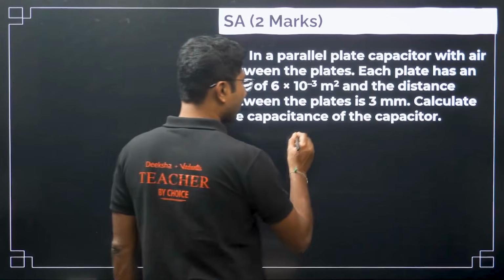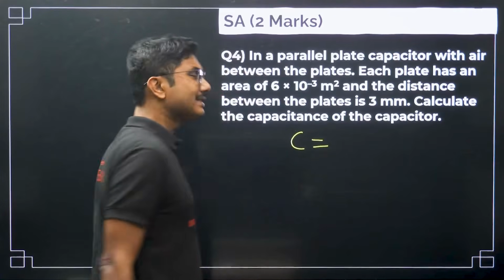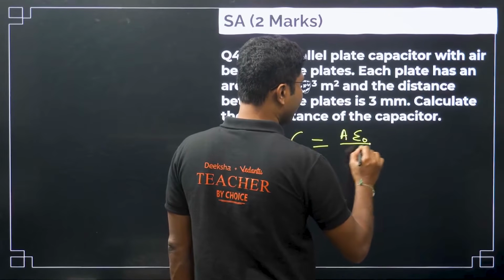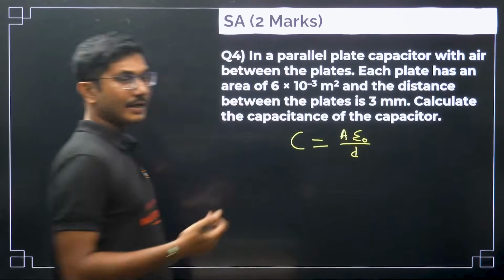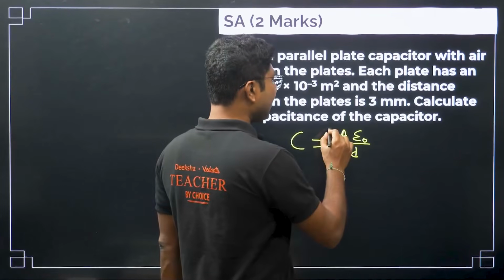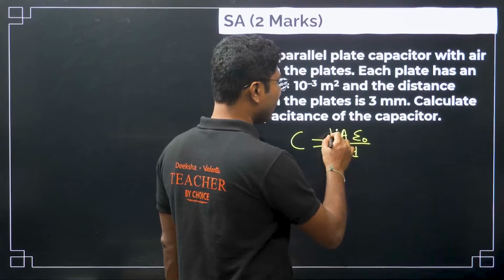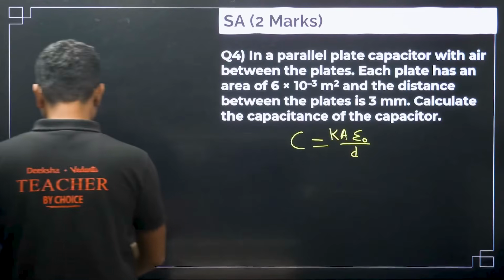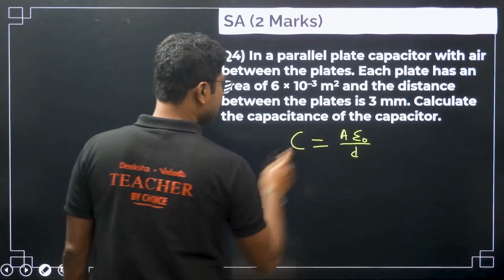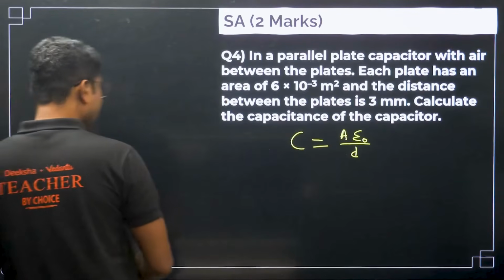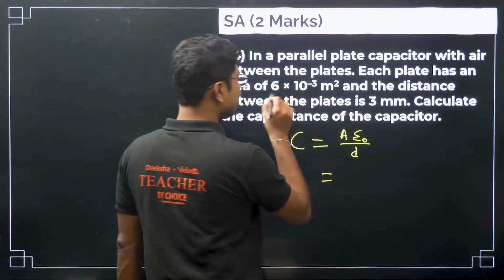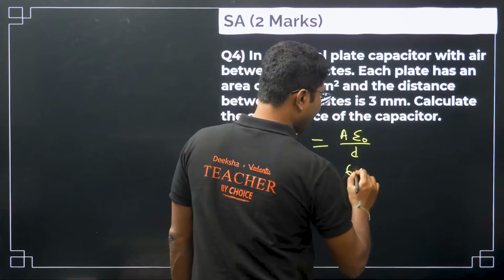Capacitance of a capacitor with air between the plates is given by A epsilon naught by D. If it is not air, if it is some other medium of dielectric constant K, then you have to multiply that K over here, right? But because it is air, K is 1 for air, so we are not adding this K, right? Now let's put the values. So A is given here as 6 into 10 to the power of minus 3.